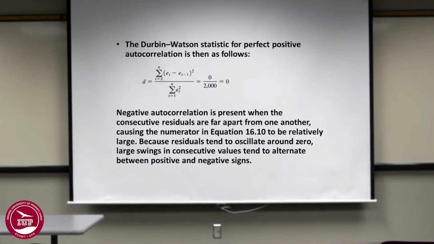Negative autocorrelation is present when the consecutive residuals are far apart from one another, causing the numerator of equation 16.10 to be relatively large. Because residuals tend to oscillate around 0, large swings in consecutive values tend to alternate between positive and negative signs.